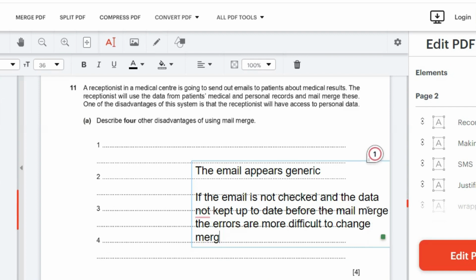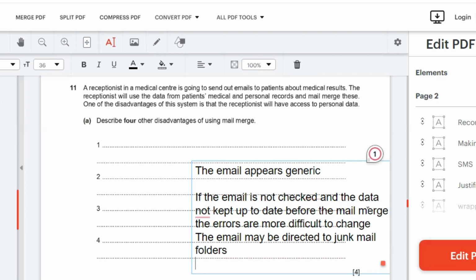All right, so the third one now, we are told to write 4. The third one, the emails may be directed to junk mail folders.